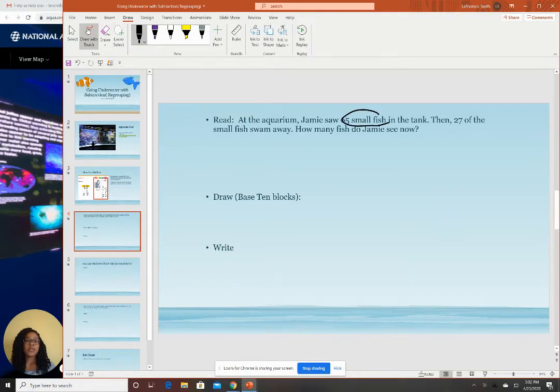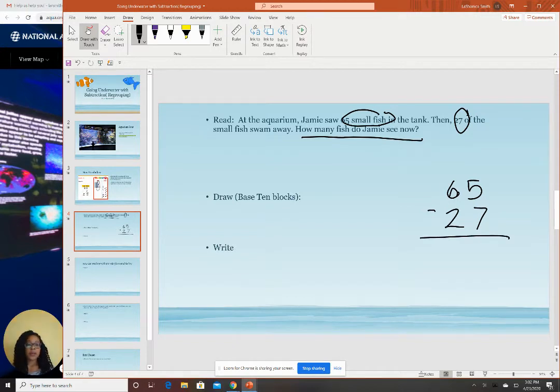So he started off seeing 65 small fish, 27 swim away, and so we're trying to figure out how many fish does Jamie see now. Okay, so we're doing 65 minus 27. And last week we talked about a poem.